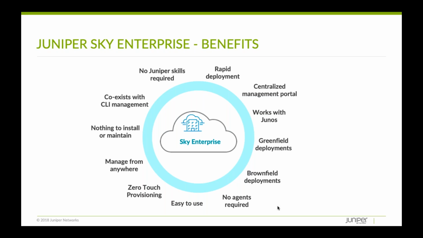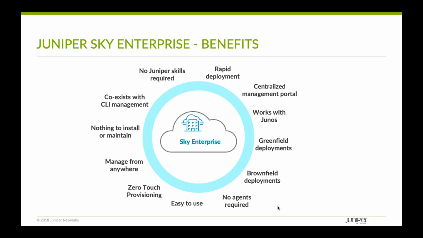It can be deployed for new environments and brownfield environments. It can be used for both. It's easy to use. It now includes zero-touch provisioning. Juniper devices are now starting to ship with Junos code that includes the phone home feature that enables zero-touch provisioning.